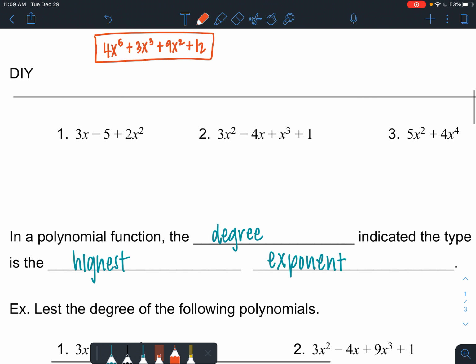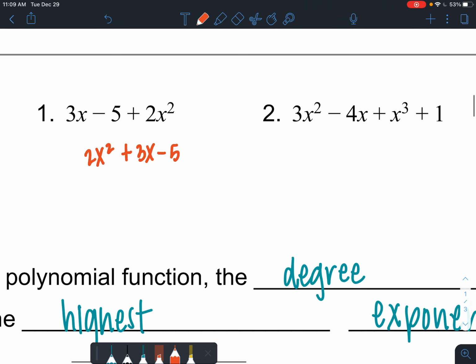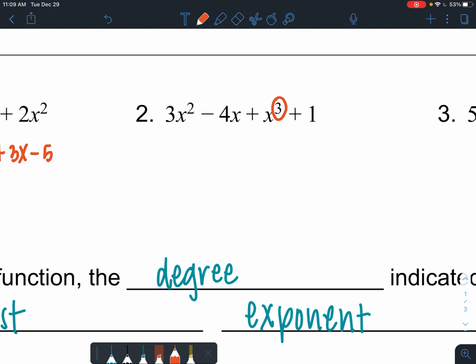All right, go ahead and do these next few on your own. So for this one, you should have had 2x squared plus 3x minus 5. Number 2, looking at those exponents, we have x to the third plus 3x squared minus 4x plus 1.